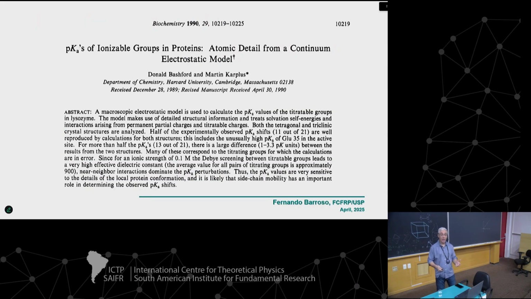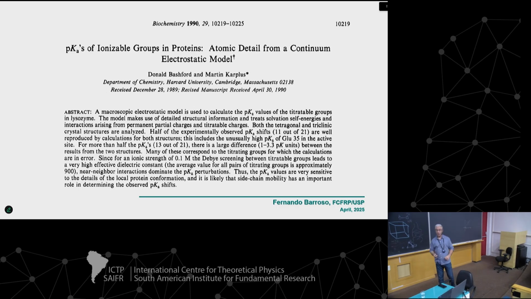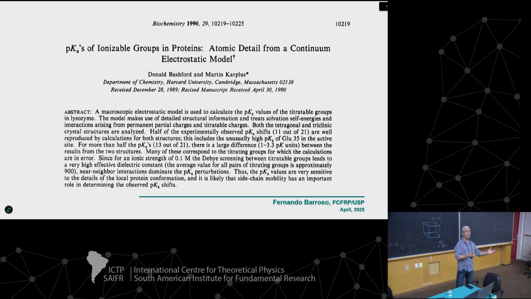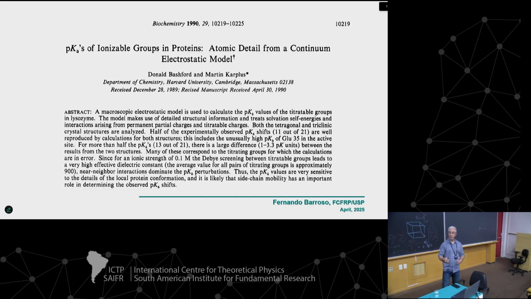If you'd like to try an exercise, there is a paper that was published many years ago by Martin Karplus, who happened to also be one of the Nobel laureates in 2013. In this paper, they have all the data, and you can use one of the publicly available codes called MEAD to reproduce these results. So this is an exercise for home that can be good.